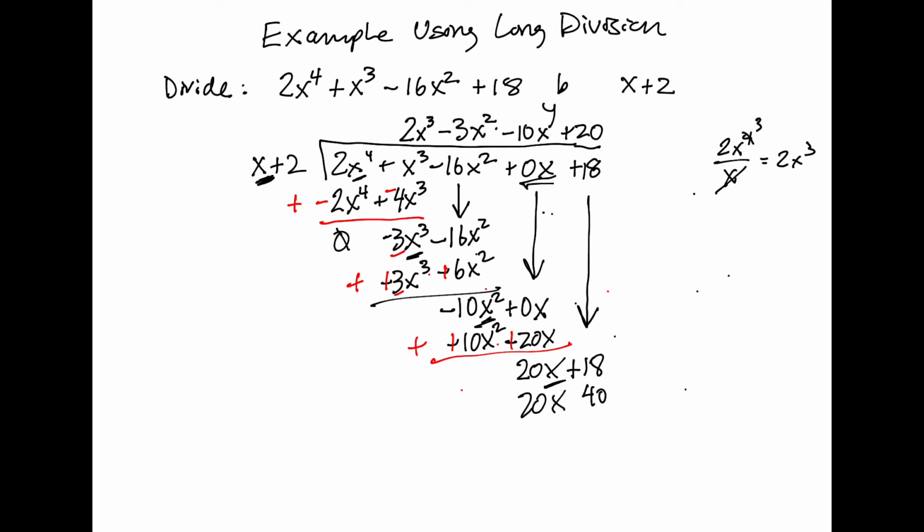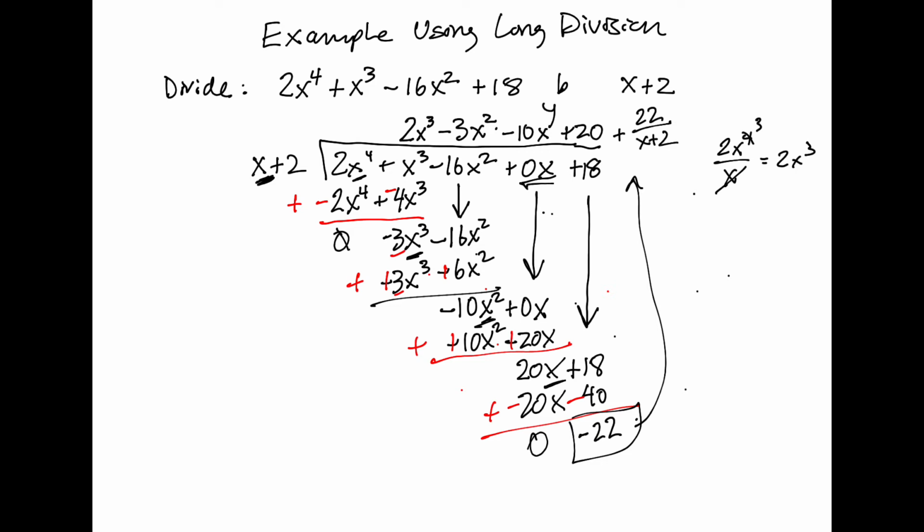Let's add the opposite and see what we get with that. 18 plus negative 40 is going to leave me with negative 22, and this becomes 0. So this is my remainder. So we can say plus 22 over x plus 2, and that is my answer for this division.